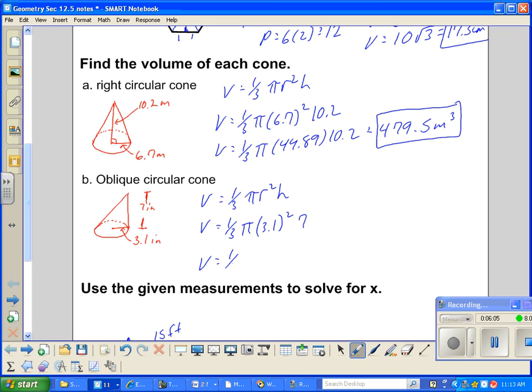So volume equals 1/3 of pi, and 3.1 squared is 9.61 times 7. So plug that in. I get 70.4, and the units are inches, so inches cubed.